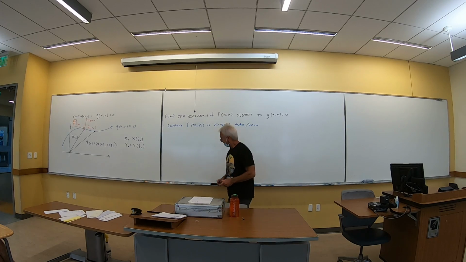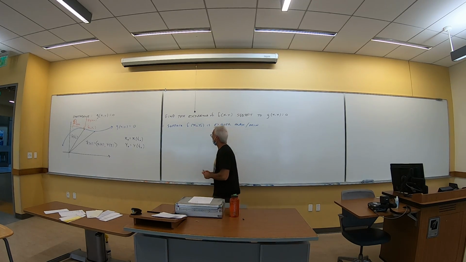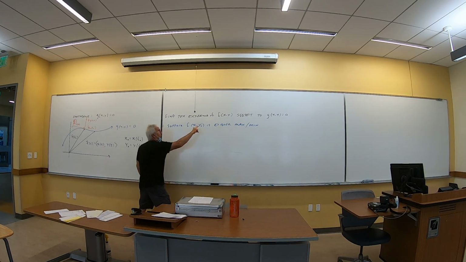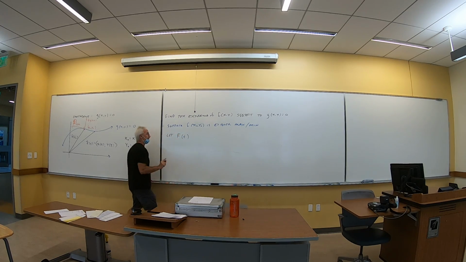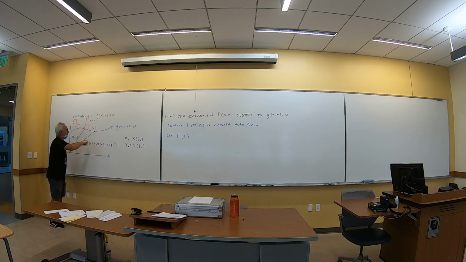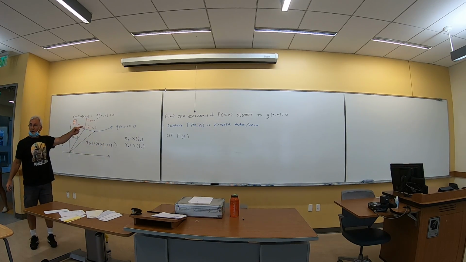Now, I'm going to create a new function. Right now it's just f of x, y. Let's call the new function capital F of t, and we're going to replace the x and y in our little f with x of t and y of t.